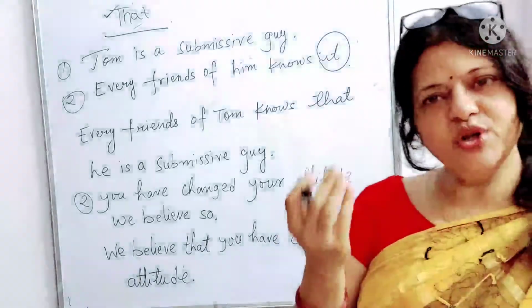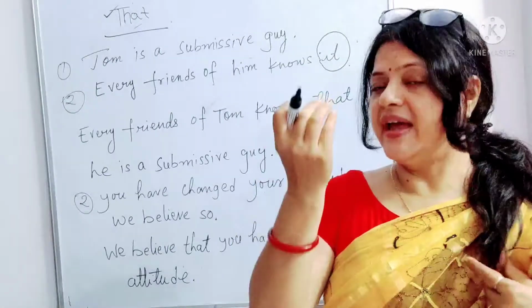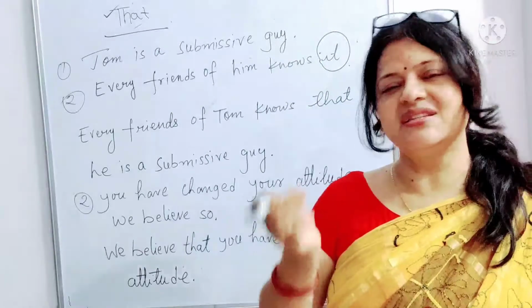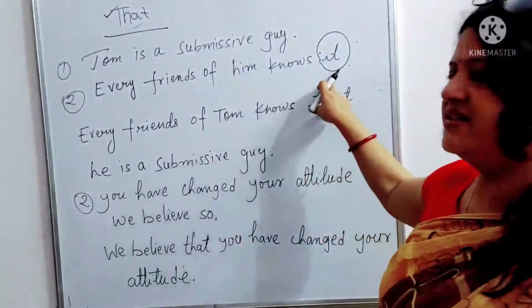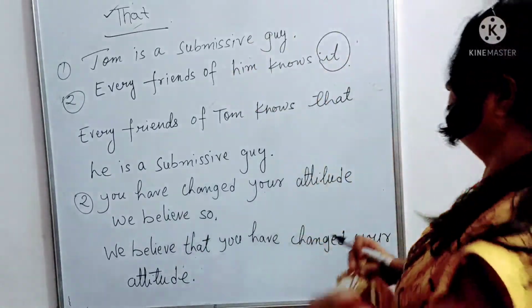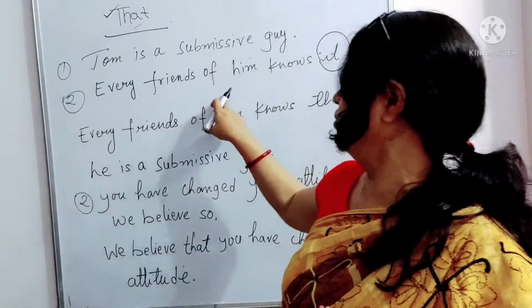As I told you, if it, so, this, that comes at the end of the sentence, we need to remove it. So first of all we'll remove this it and we'll make the rest of the sentence a principal clause.